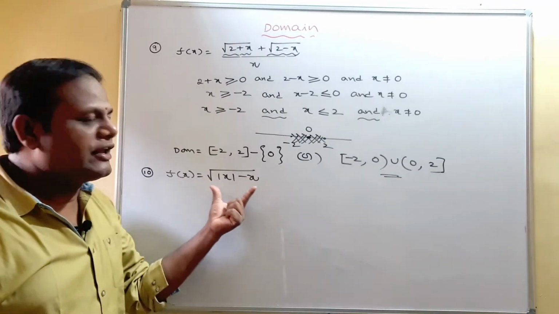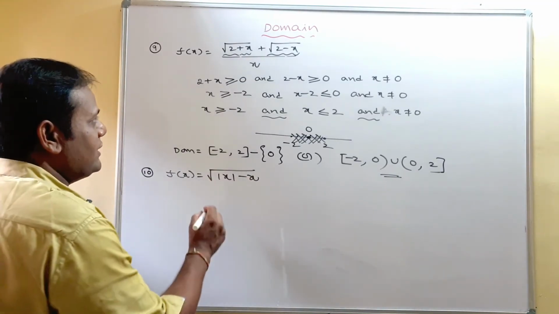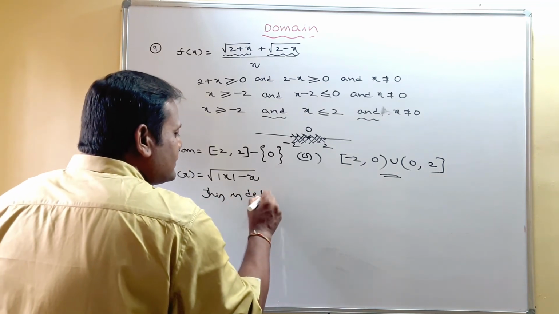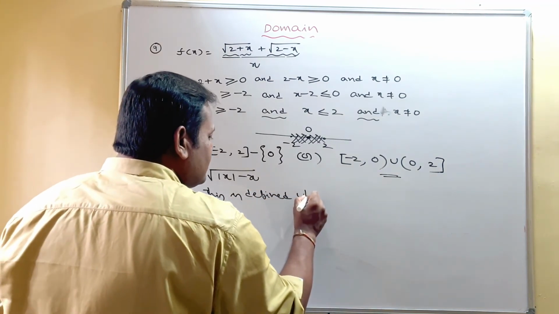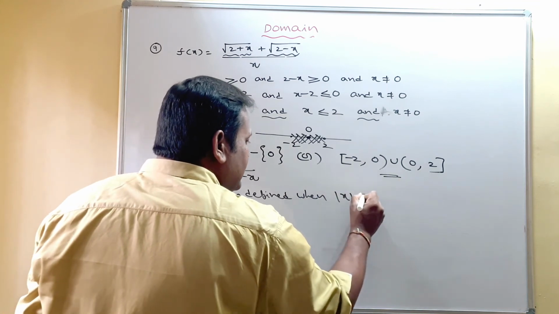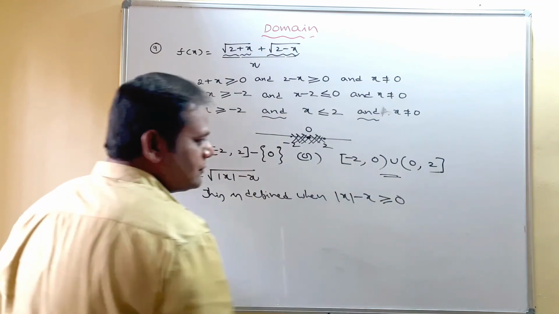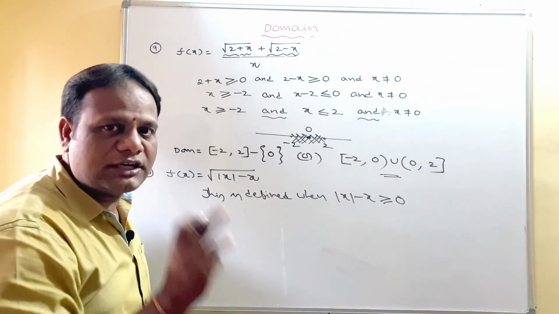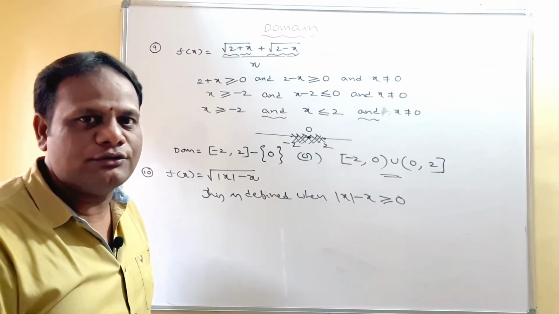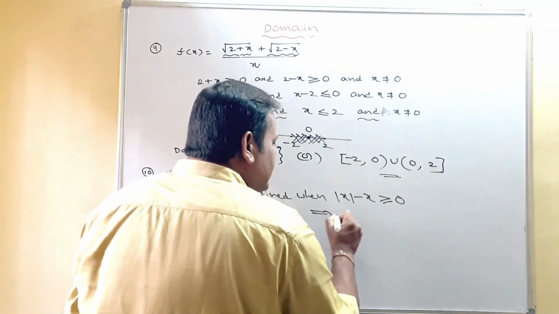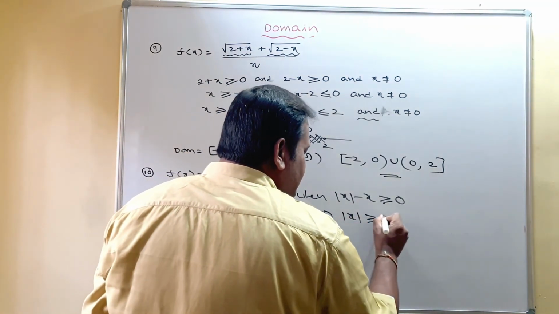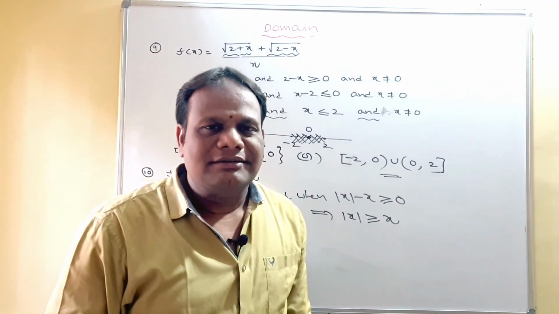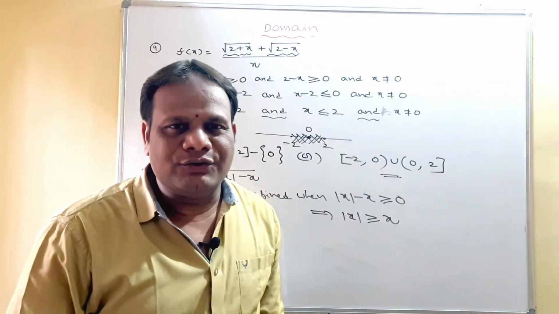Coming to this problem. Here it is a square root function. This is defined when mod x minus x is greater than or equal to 0. Why? Because in a root function, what we have must be greater than or equal to 0. So it is mod x greater than or equal to x. We know that mod x is always greater than or equal to x.